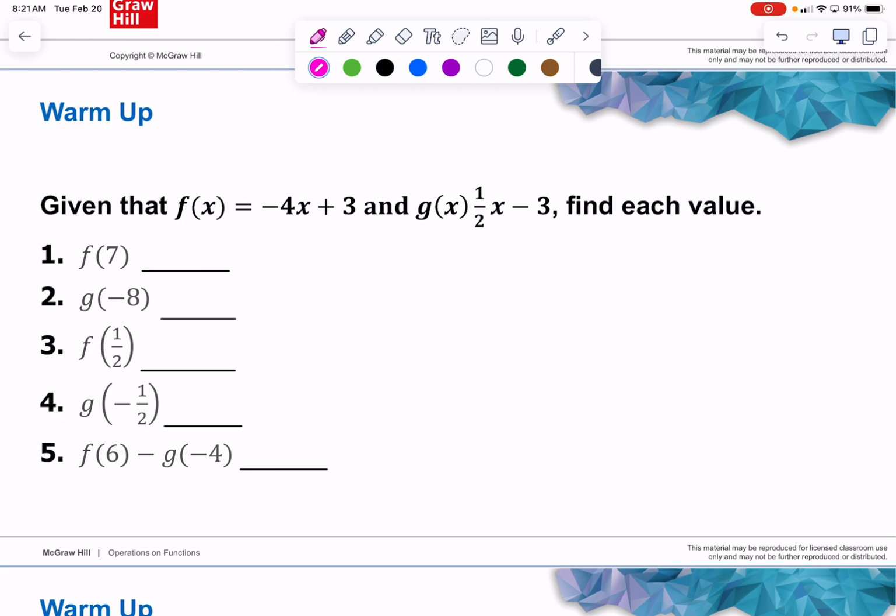So Kaija, if I want to find f of 7, what's that going to look like? Did you hear me?